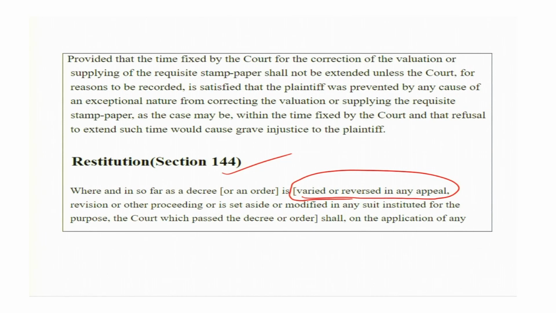The appellate court has very ample power, they can reverse your entire judgment. Today you are decree holder, tomorrow you will be judgment debtor. The appellate court can exercise its power judicially. So if your decision is reversed or varied, there can be changes also, as per the suggestion of the appellate court.